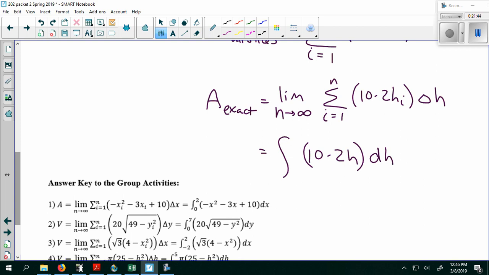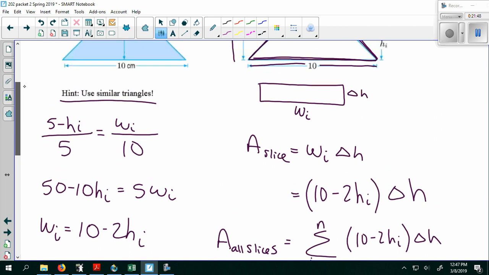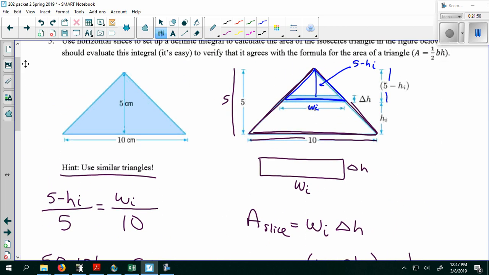And then for the bounds, I'm going to go back up to my picture. I'm integrating with respect to h. So what is the smallest h can be in this picture? I have h's labeled over here on the right. h starts here and goes up to the top. So the smallest h can be is 0, and the largest h can be is 5, because that entire distance is 5.